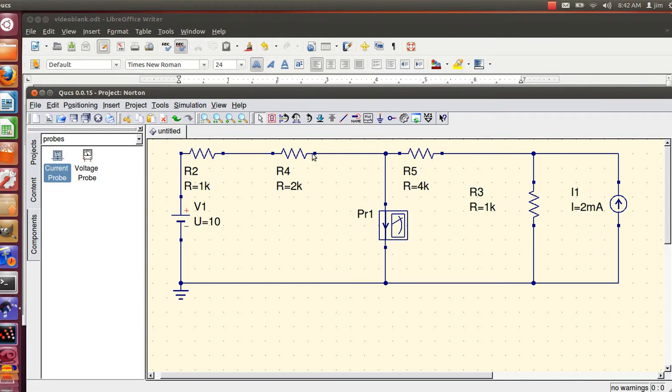So this current in this C shape here could be unique. I've got the current that I want right there. Then I've got a current flowing here, which interestingly enough has to be the same as the current flowing here. I've got my current source pumping in 2 milliamps, so I know what this current is. That's a known. And then the current through here.